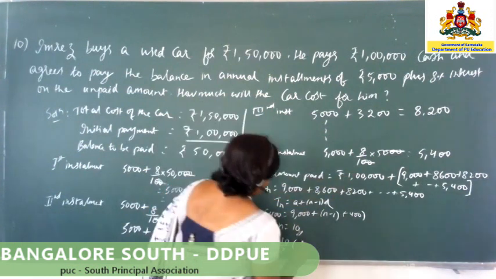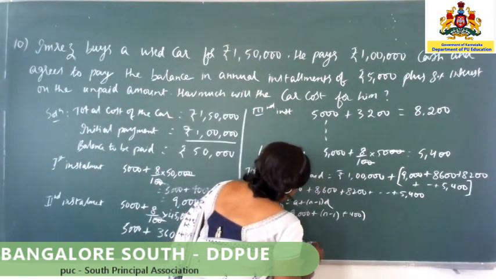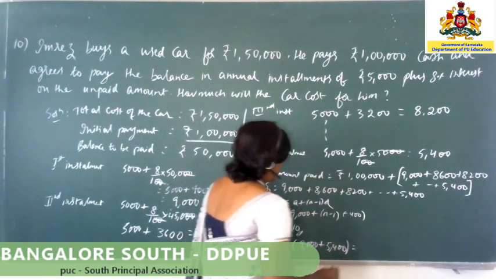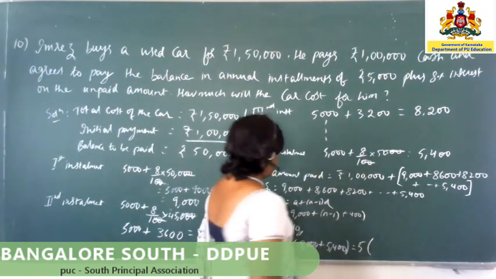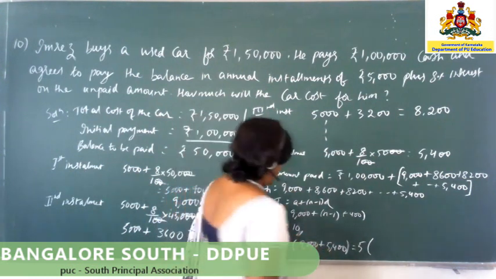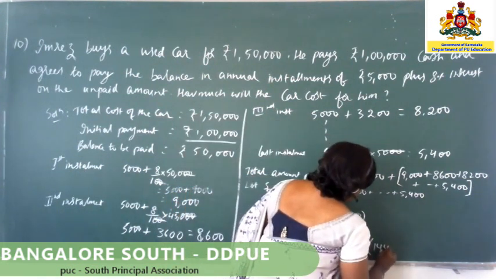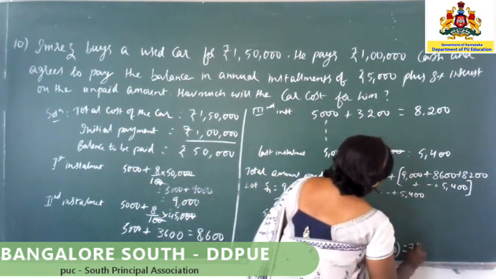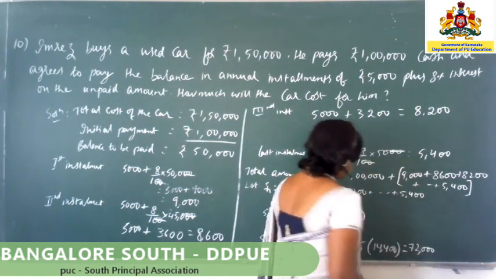So directly I can substitute 9000 plus 5400. So that is equal to 5 into 9 plus 5, that is 14,400. So that is equal to 72,000.